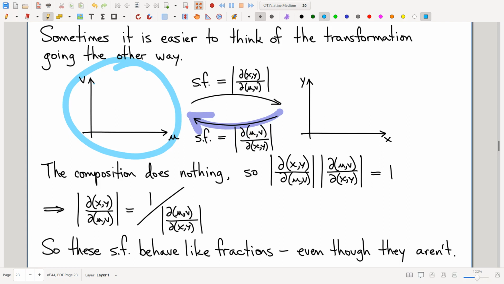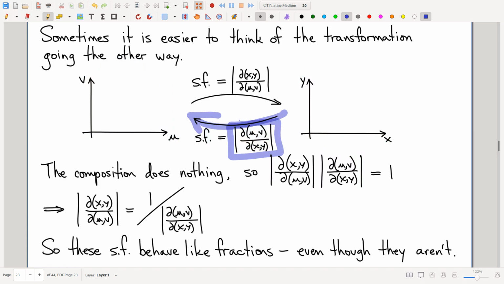The point is I'm looking at a function whose outputs are u and v, and I would need to take its partials with respect to its inputs, which are x and y. So just by way of our existing convention for how to write the stretching factor, for this function, this is how I should write the stretching factor.